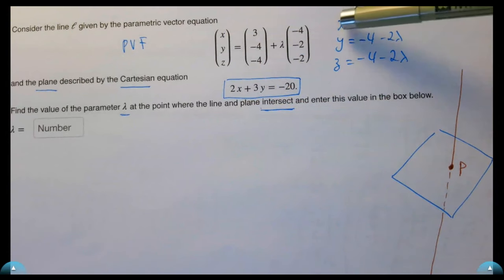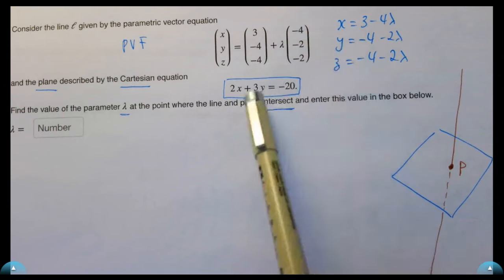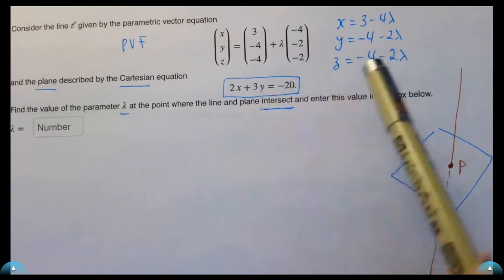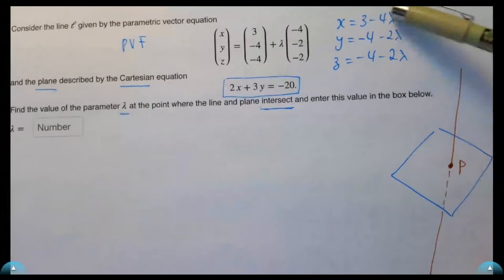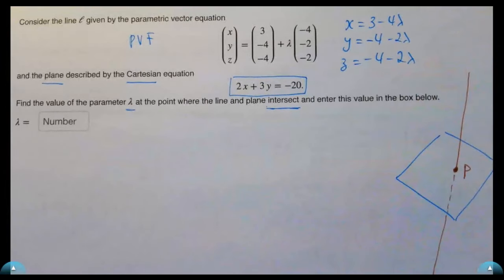So what we can do is substitute x in here, y in here, and z. Well, there's no z's, but you could do it. And then work out the precise value of lambda. I just woke my dog up. There should be just one value of lambda.